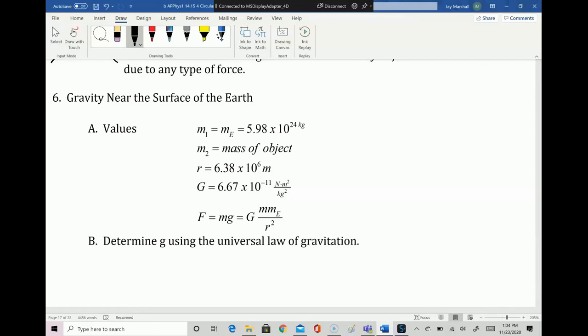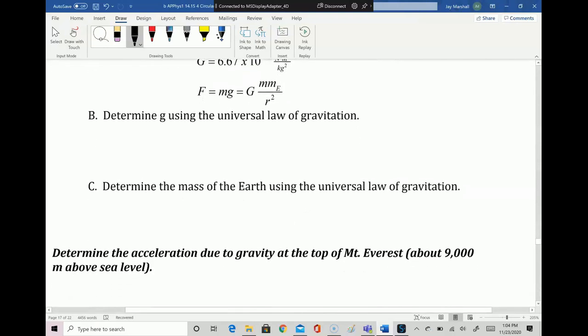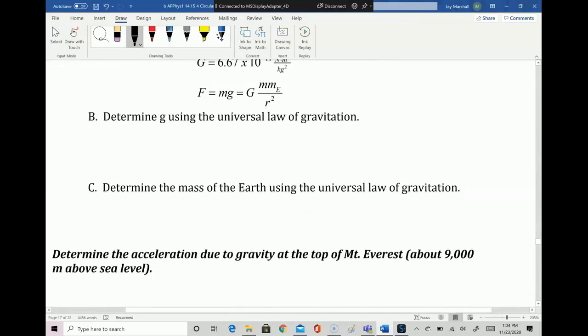And so let's see if we can determine g using the universal law of gravitation. We know that the force due to gravity now has a second form. We've got mg equal to G m, and a lot of times we'll put Me there for the mass of the Earth, over r squared.